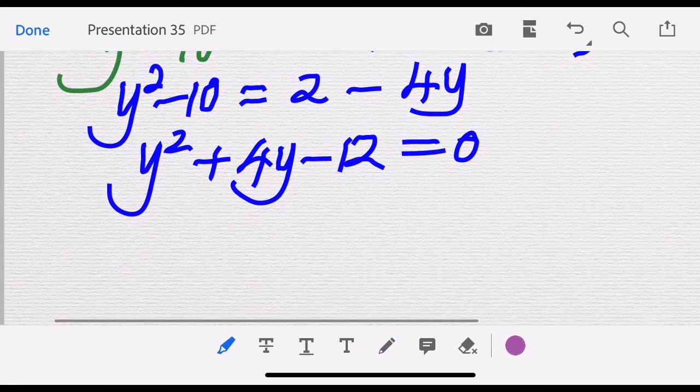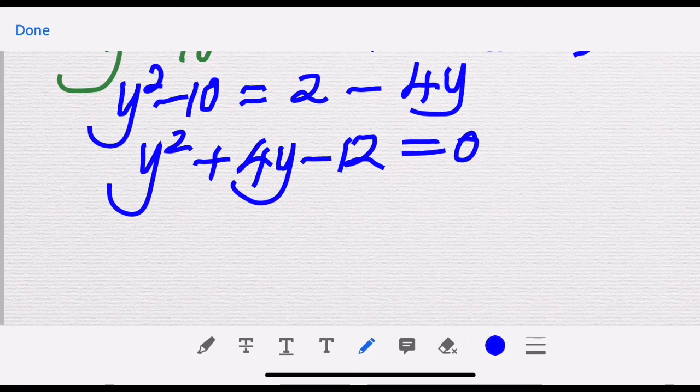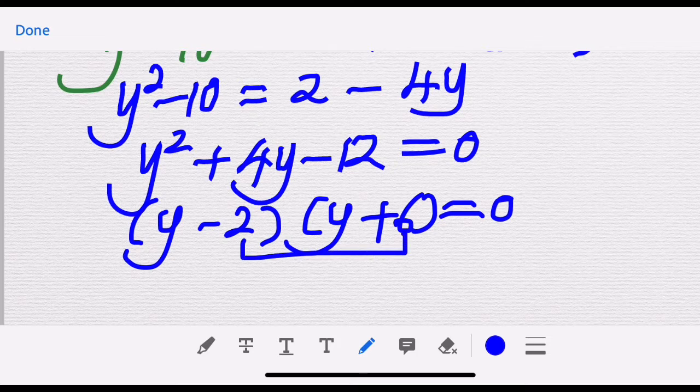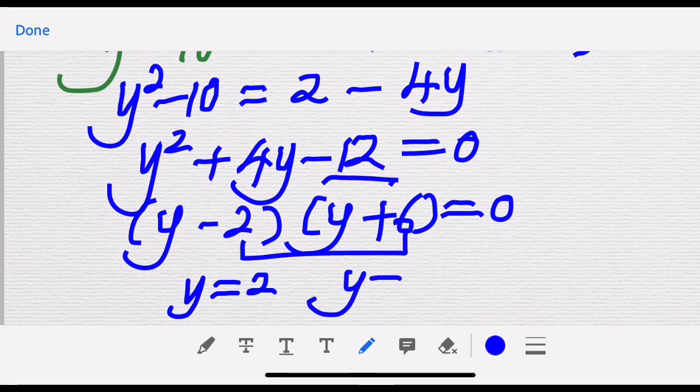After I factorize, I will get y minus 2, y plus 6. So let's check. Y square, plus 6 minus 2 gives plus 4, and negative 2 times 6 gives negative 12. So it looks like the factors are no problem. So y is 2, y is negative 6.